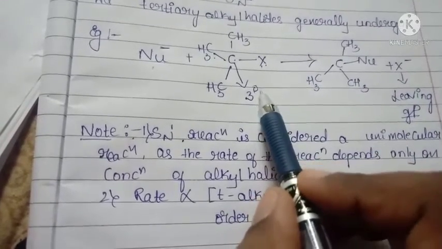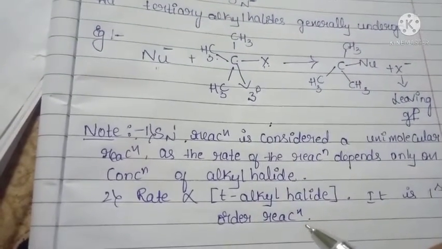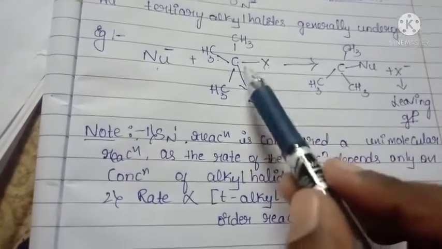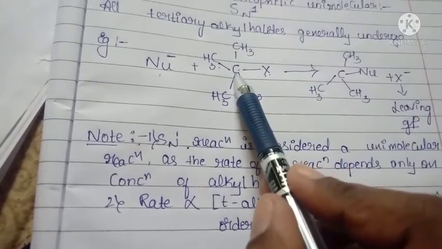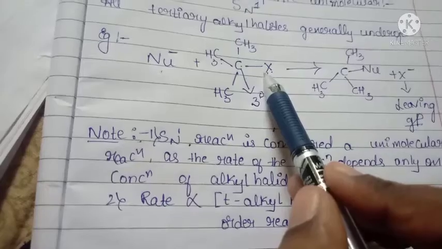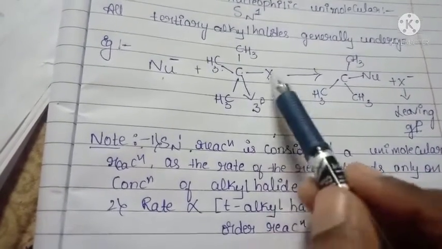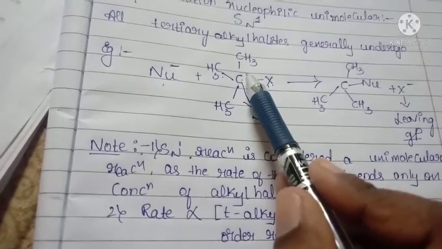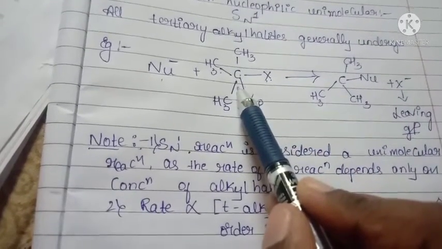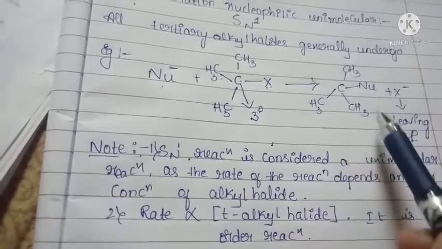In the first step, the carbocation is formed. It means in the first step, the halogen atom is removed from the tertiary alkyl halide, so it carries a positive charge, it forms a carbocation. That step is a slow step.